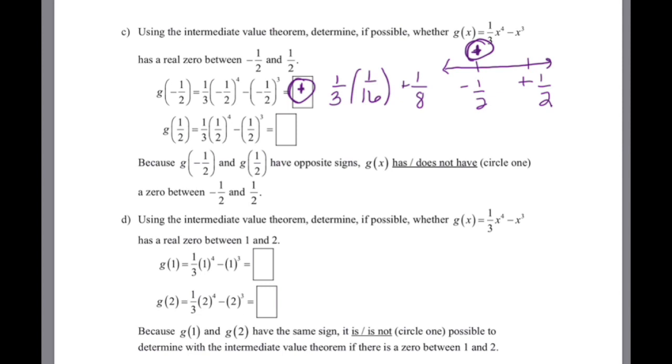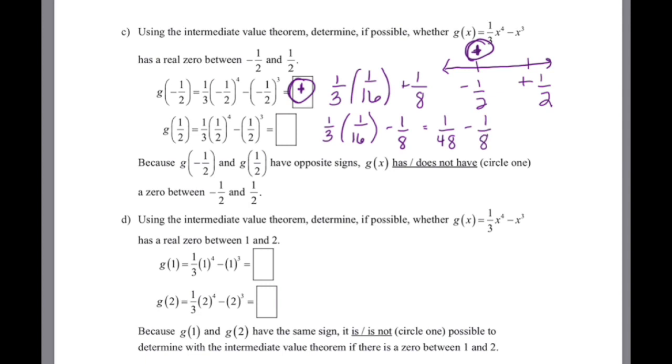Let's try +1/2. This time I'll have 1/3 times 1/16. However, when I take +1/2 cubed, I'll end up with positive 1/8, but I have the negative there, so -1/8. This is equal to 1/48 when I multiply across, minus 1/8.